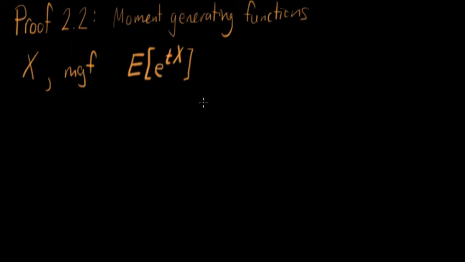So our first task is to prove that the nth derivative of, and we'll call this m of t, our moment generating function evaluated at t equals 0 is in fact the nth moment of our random variable x.